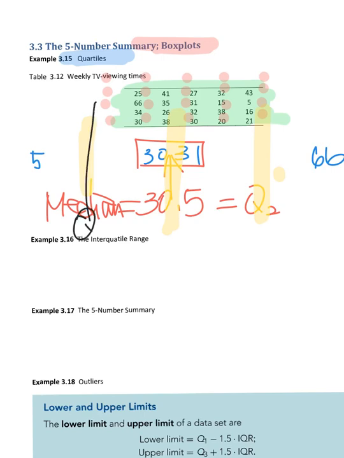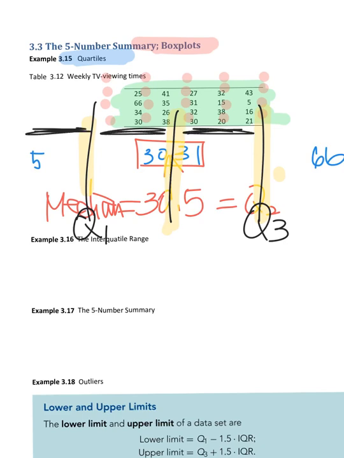So here will be Q1, Q2, and Q3. With the 3 quartiles, we made 4 partitions. Here, here, here, and there. Does it make sense? Right? So we need the 3 quartiles, and I told you the second quartile is the median.